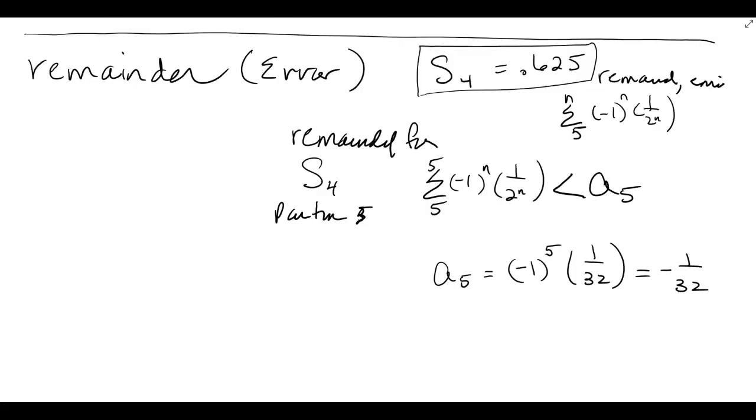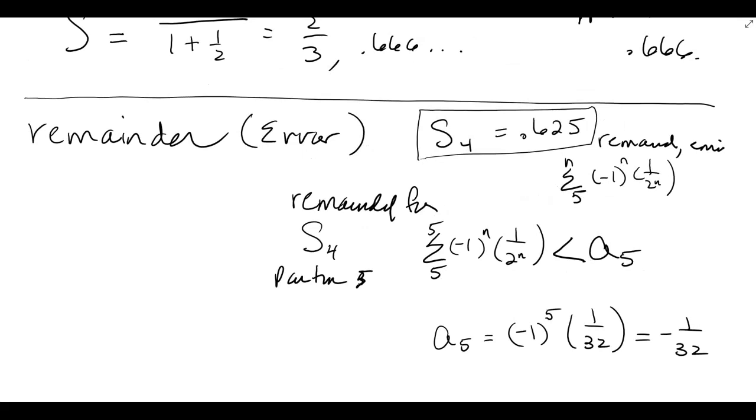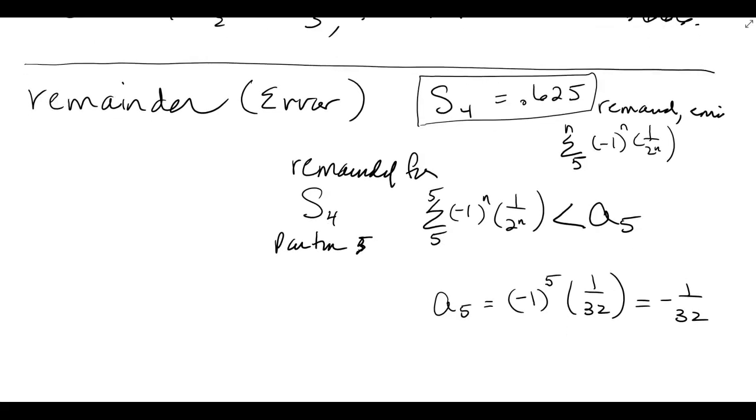I know that sounds crazy, but because I'm showing you with a geometric, we can actually calculate what that error is. Because with a geometric, just to prove that this is true, the remainder is going to be 0.625 minus our actual sum, which is approximately 0.666.